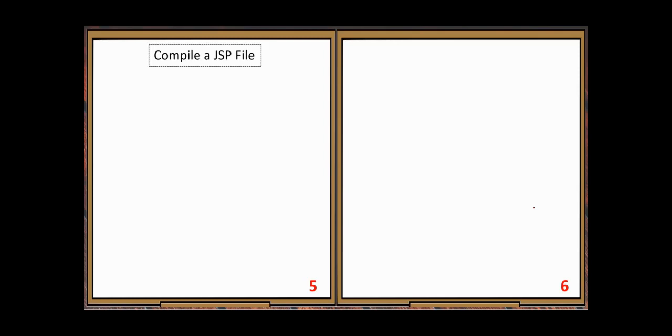Compile JSP file. We know the underlying code for JSP is a Java servlet, right? As I said in the previous slide, it is a Java servlet. When you have a Java servlet, you need to compile it, right?